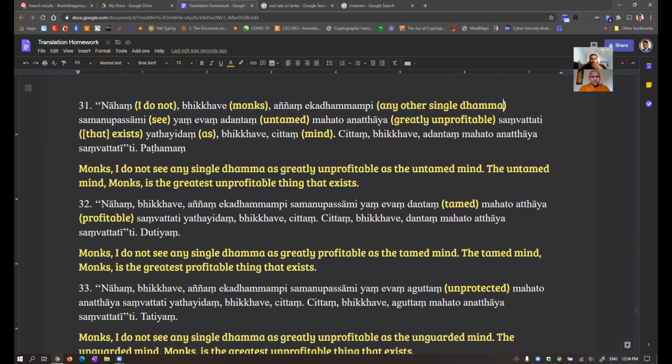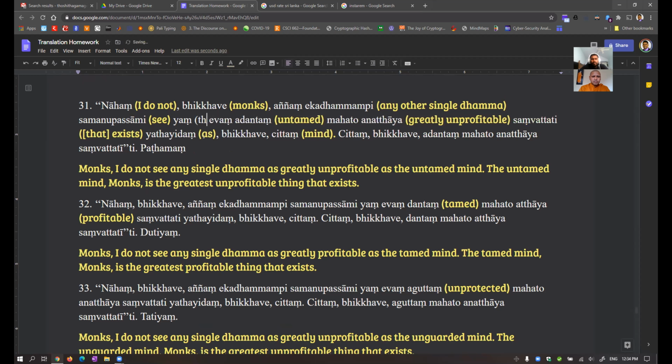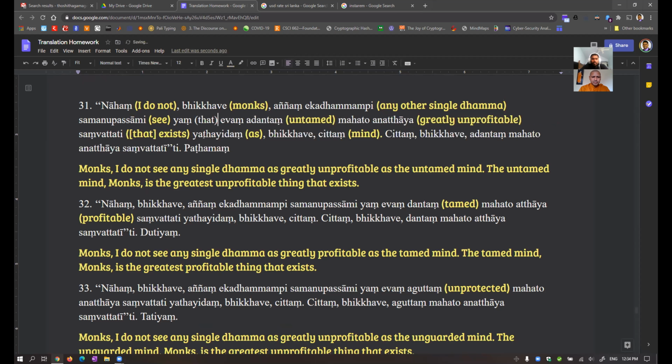Yang here can be translated as that. I moved that over here. So you don't have to, but you can. I'll still put it there because it helps sometimes. Evang adantang, untamed this way, thus untamed.